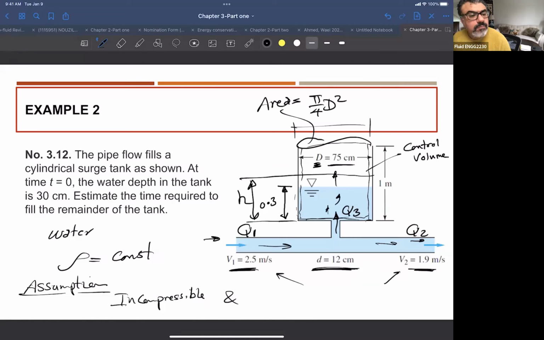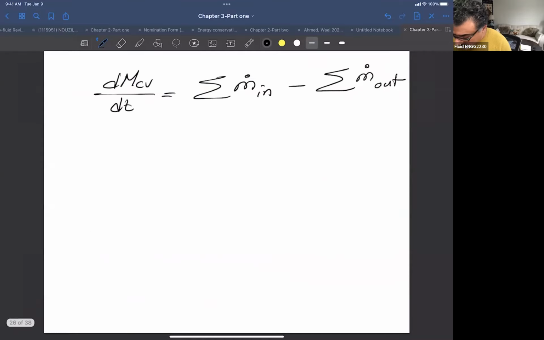So at any time, the mass of the control volume inside this tank is pi over 4 D squared times H, which is the volume, times rho.